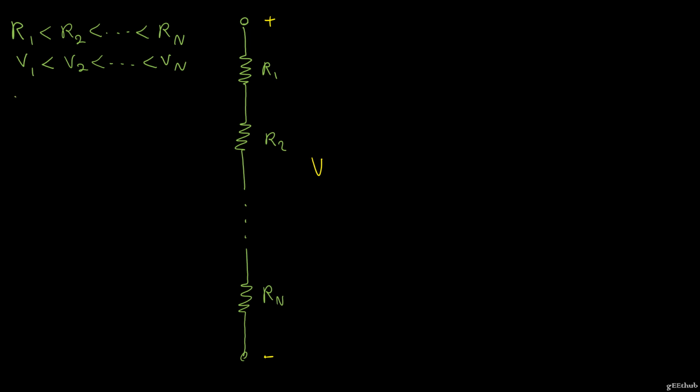If I add all of these voltages together, I will get the voltage that my source provided. And my current for all these resistors is going to be the same because they're sharing the same line.